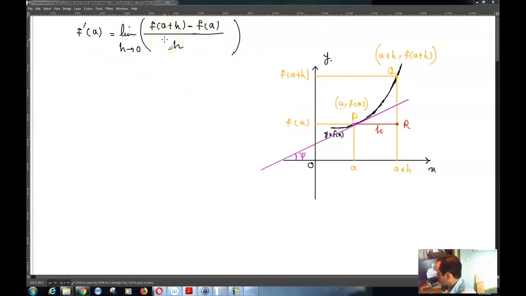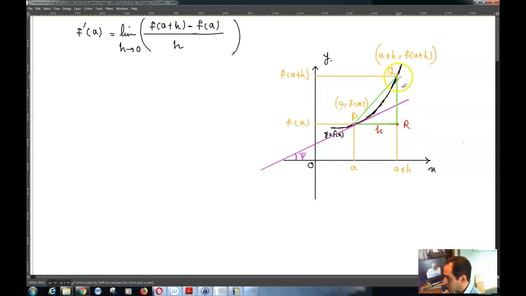Now from this triangle PQR, you can see that the ratio whose limit we are taking is the ratio of QR to PR.